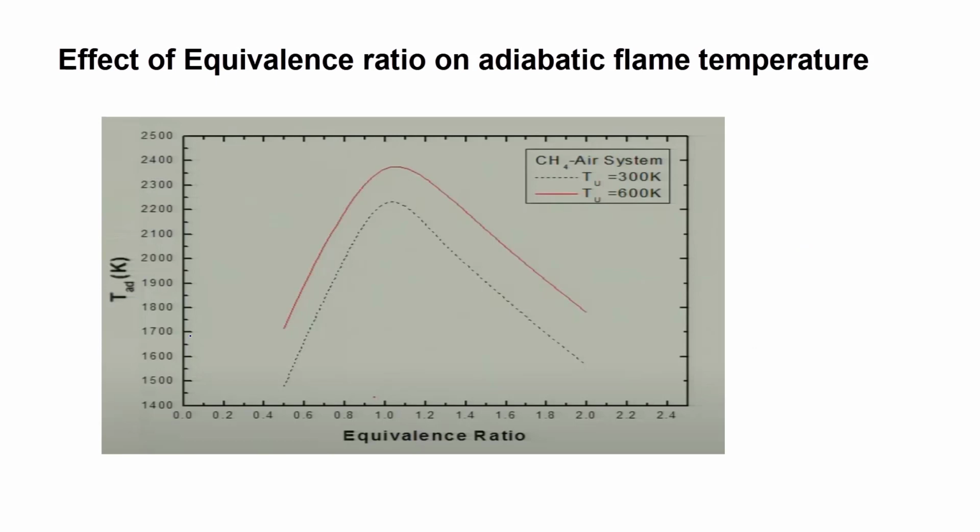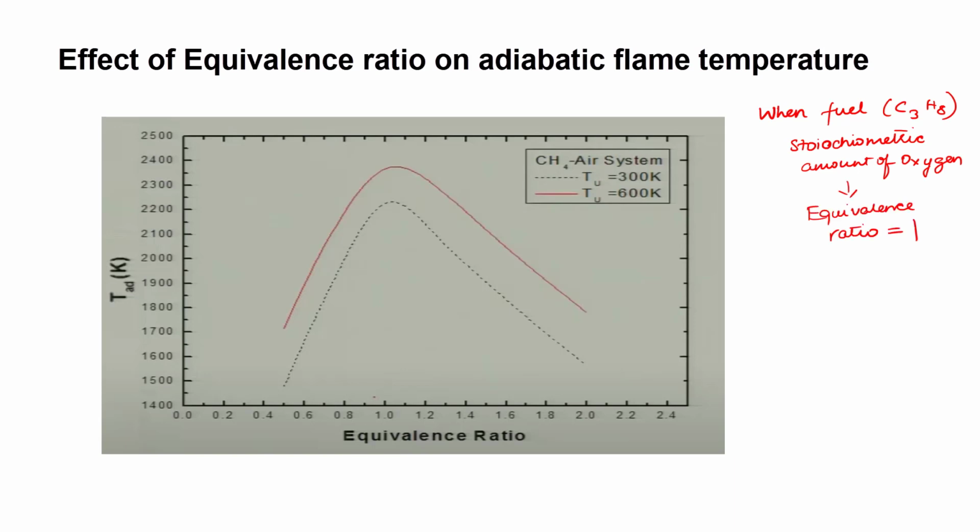So this graph represents the effect of equivalence ratio on adiabatic flame temperature, and in this graph the equivalence ratio is plotted on x-axis and the adiabatic flame temperature is plotted on y-axis. When the fuel, in this case propane, reacts with stoichiometric amount of oxygen, the equivalence ratio will be equal to 1.